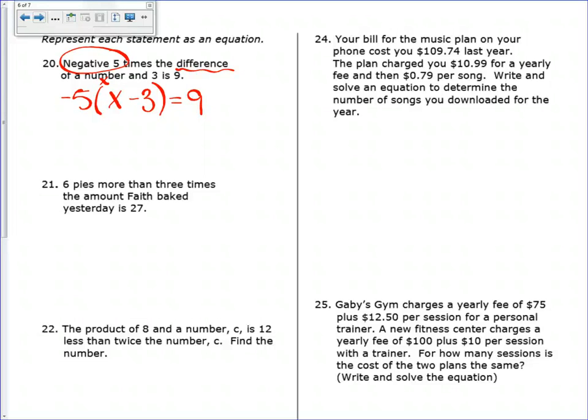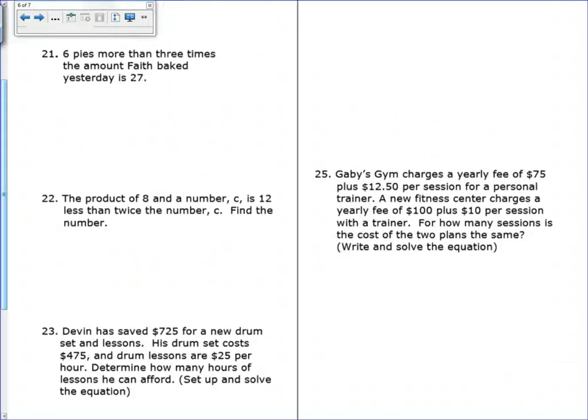Now, 21 and 22, we don't have to solve these. We're just writing the expression. Okay, 21. 6 pies more than 3 times the amount baked yesterday is 27. So let's start with what we know. Is 27 means it's going to equal 27. More than, so right here, I'm going to have to add.